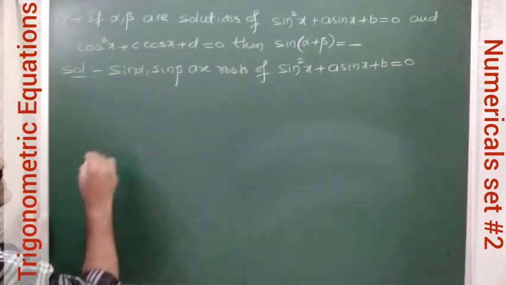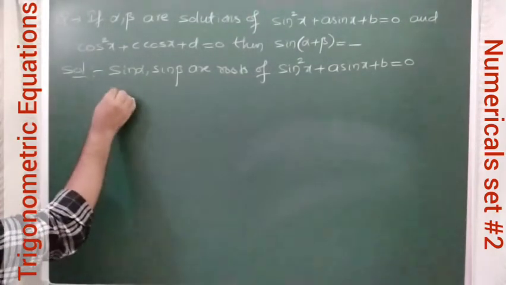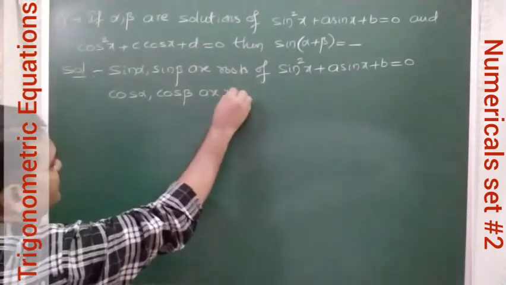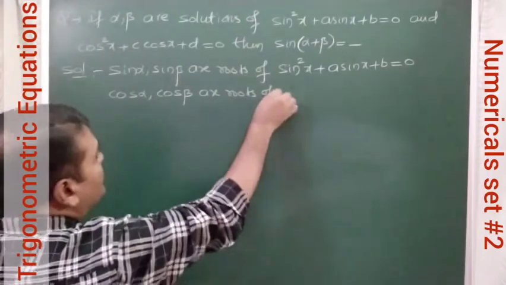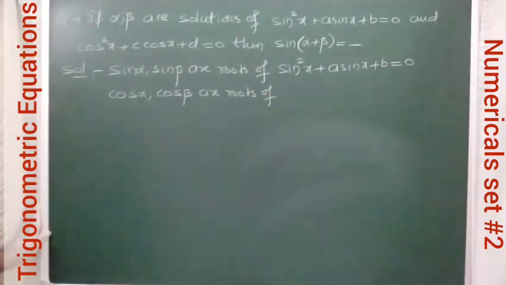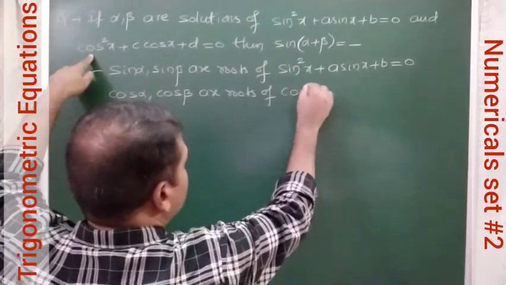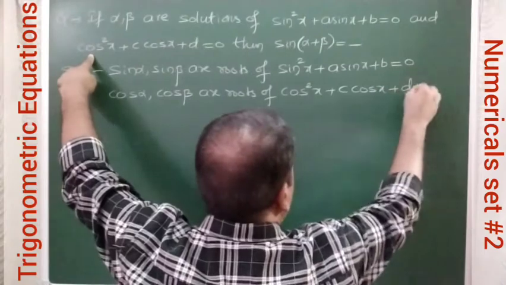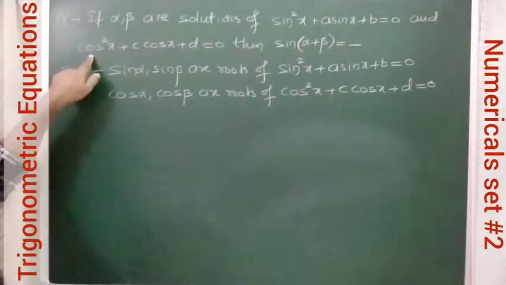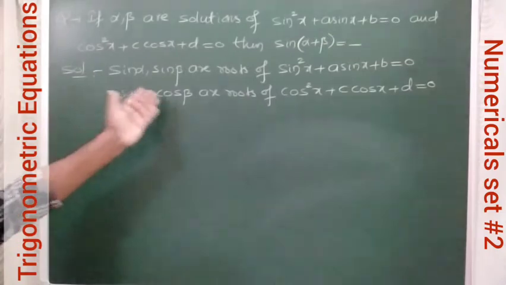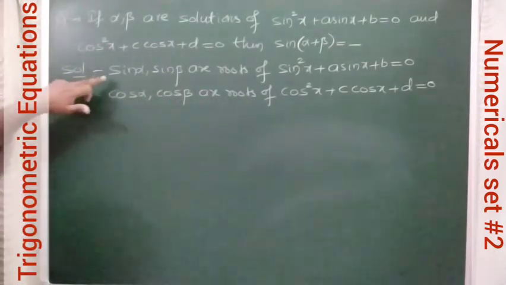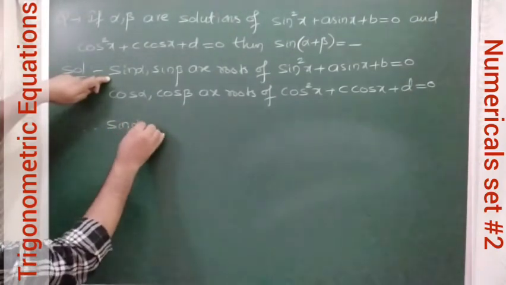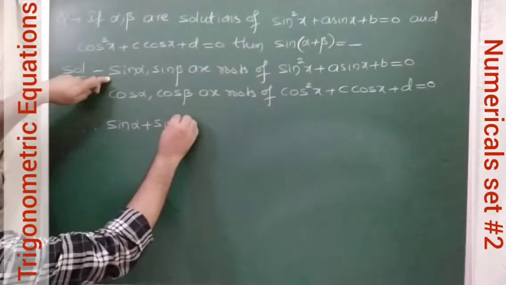And similarly, cos alpha, cos beta are the roots of cos square x plus c cos x plus d is equal to 0, since alpha, beta are the solutions. So from the first equation, the sum of the roots is sin alpha plus sin beta.